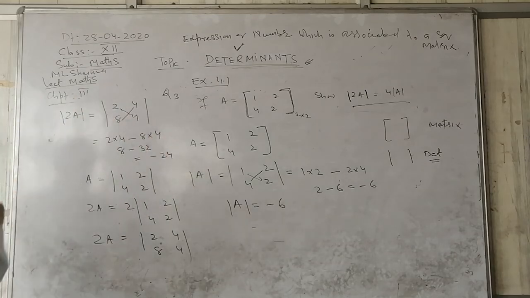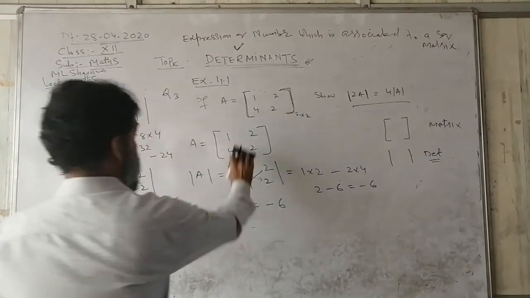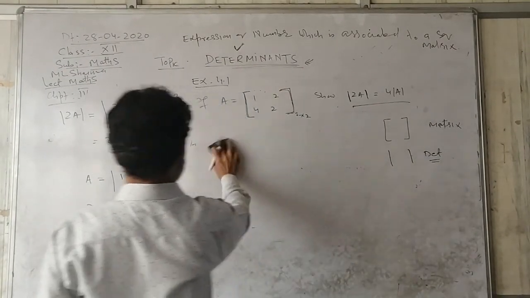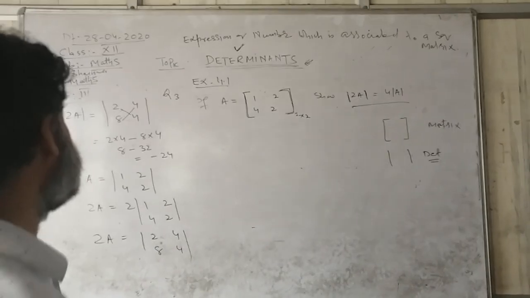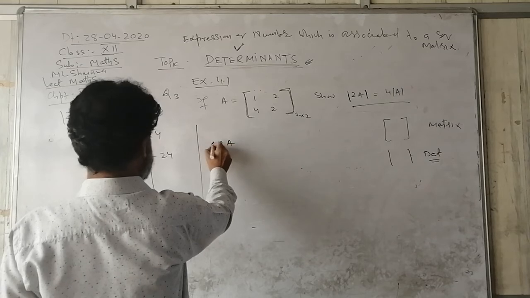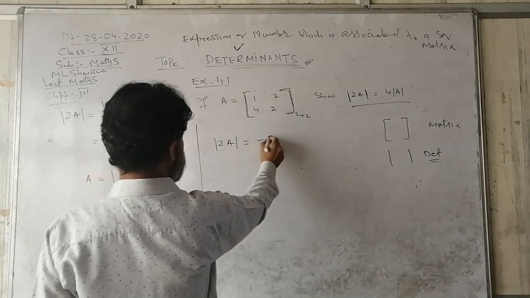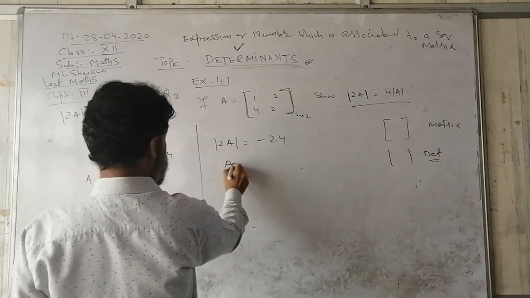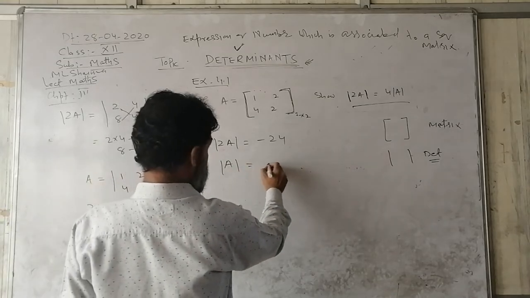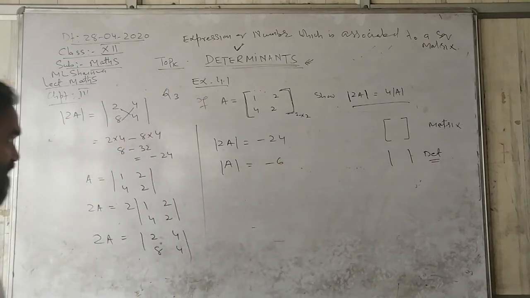So that means the determinant of 2A has the value minus 24, and the determinant of A, I have already calculated, was minus 6.